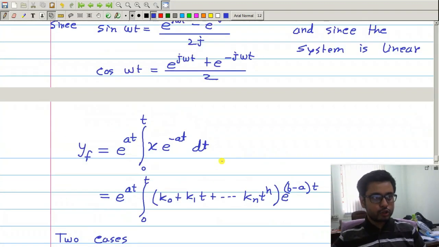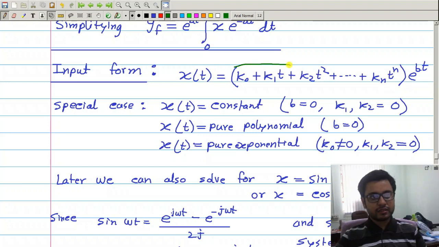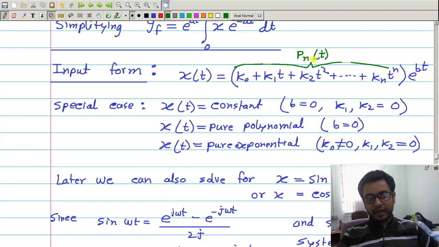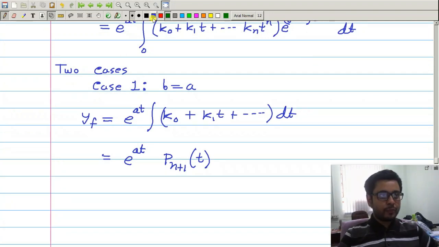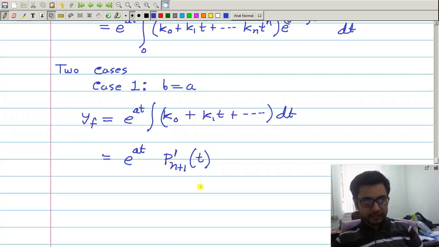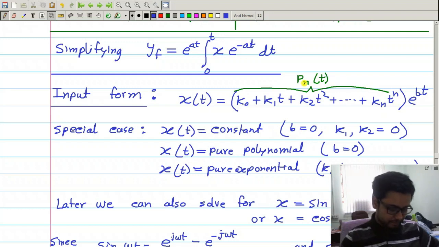And also let me denote this polynomial as p_n(t), an nth order, nth degree polynomial. Now let me put a prime here because this p and this polynomial are not the same.